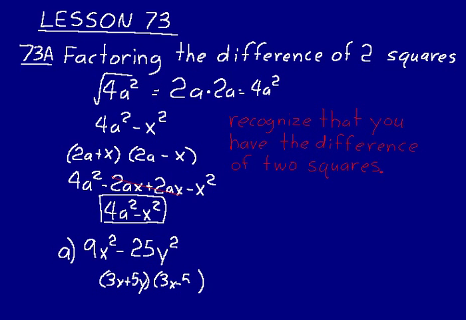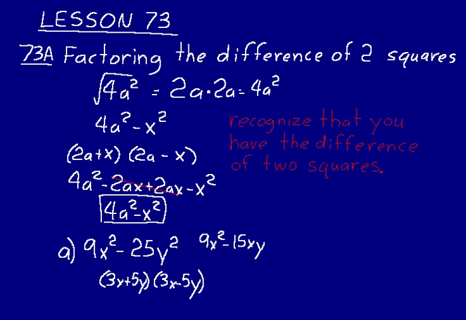And always, especially right now, you should go ahead and check your work to make sure you did them right, and you do that by expanding it back out. So let's go ahead and do that on this one. 3x times 3x is 9x squared, and then 3x times a negative 5y is minus 15xy.